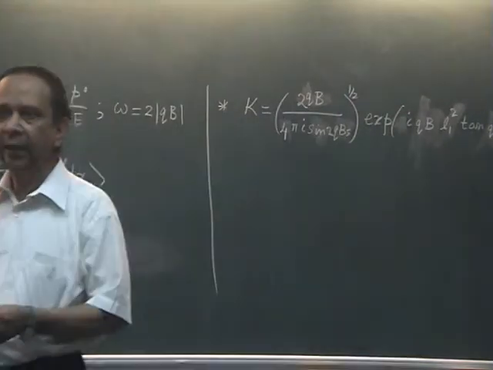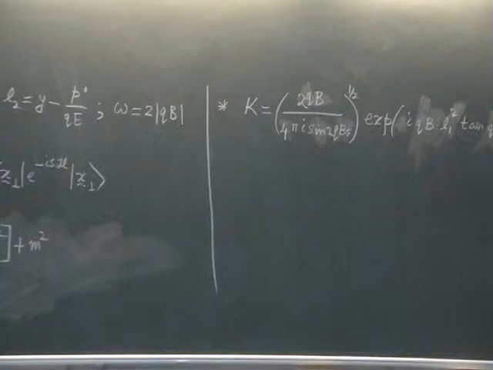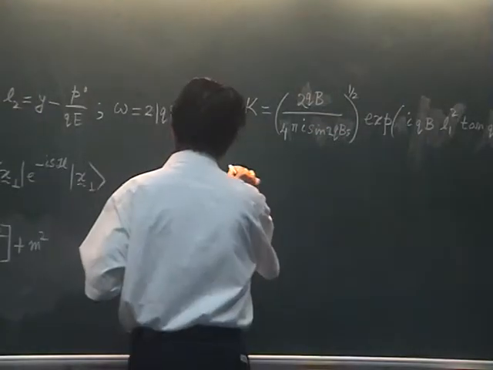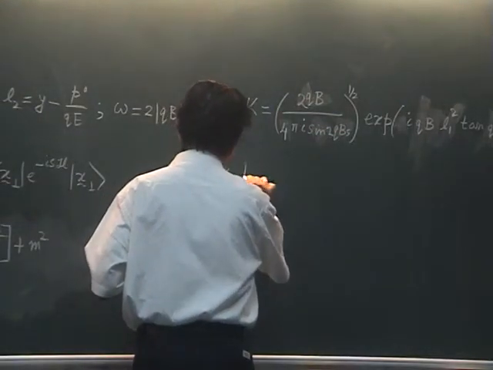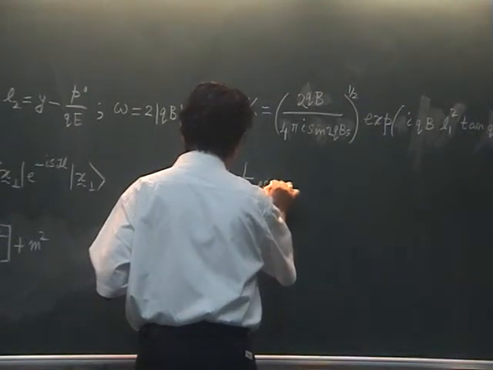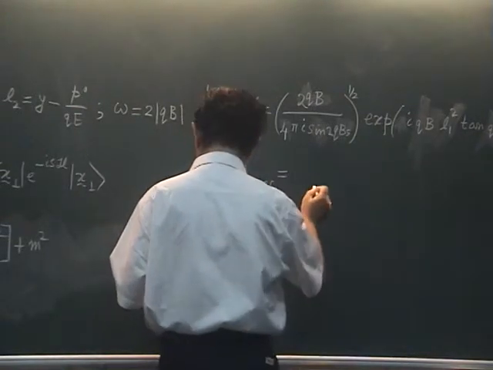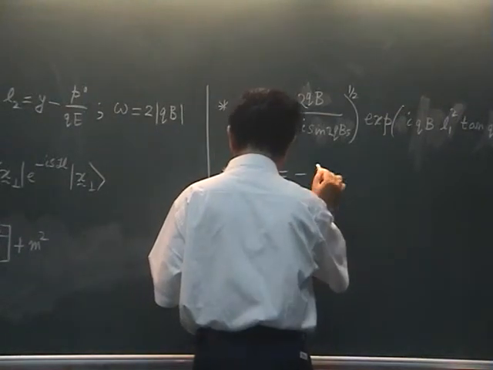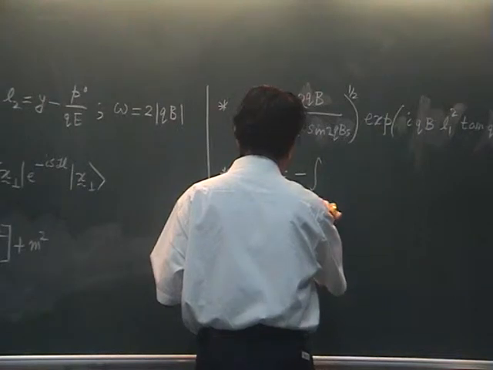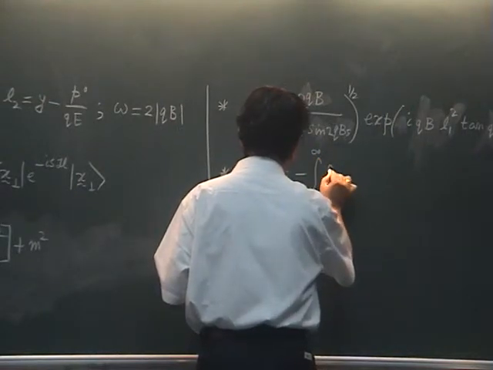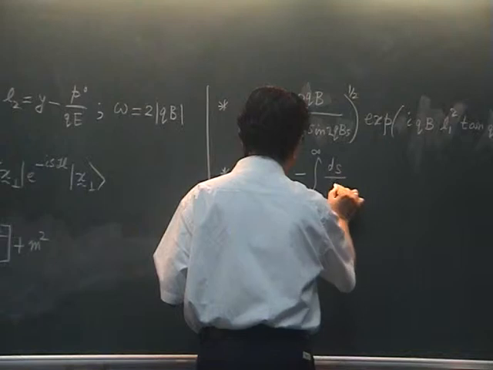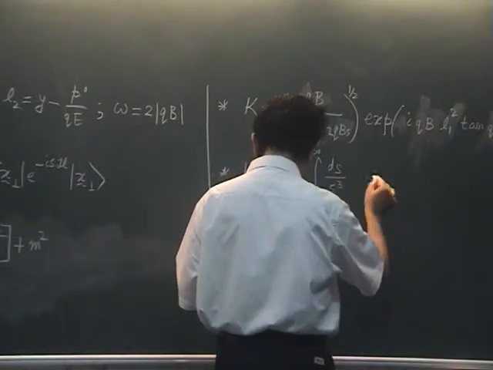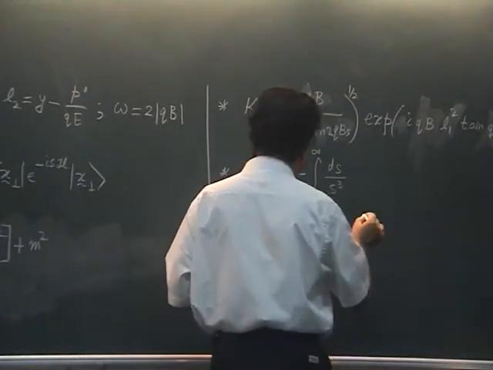So now let me write down that final expression. After you do all these integrals, you get L effective to be minus integral 0 to infinity ds upon s cubed, which is exactly the kind of form which we had.